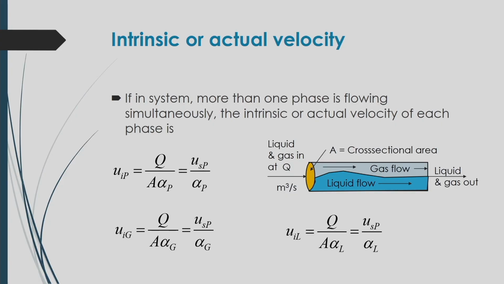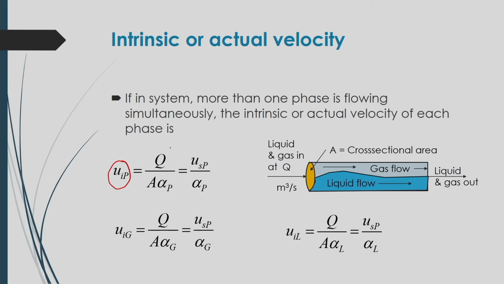So, that is why whenever a multi-phase mixture is passed through the pipe or any vessel, you have to consider the actual velocity of those particular phases, or it is called the intrinsic velocity of the particular phases. It is defined as UIP, I for intrinsic, P for phase.